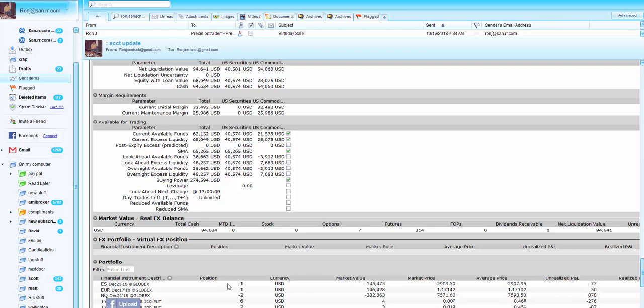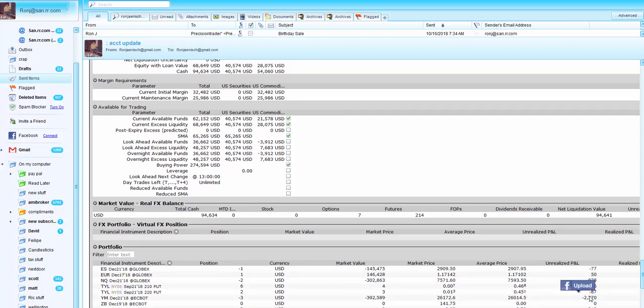See this put here. And notice that we're only using somewhere around 1/3 of the total account value. See, here's your total account value, and here's the current initial margin and the maintenance margin, and down here are the positions. Okay, and over here you can see if there's a profit or loss.